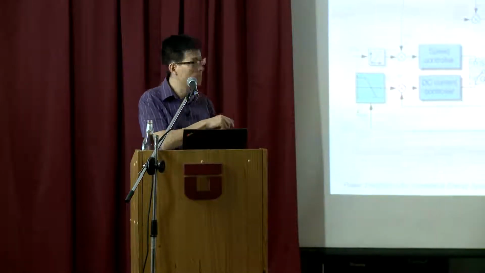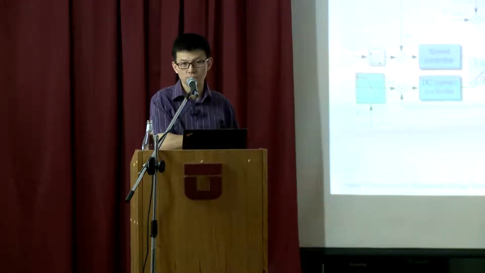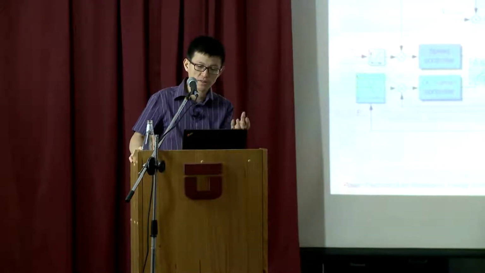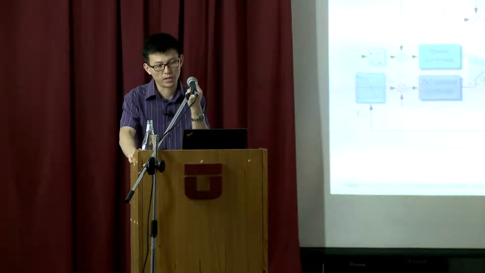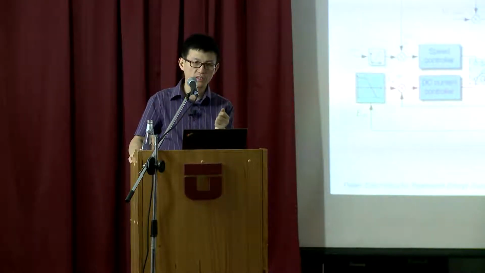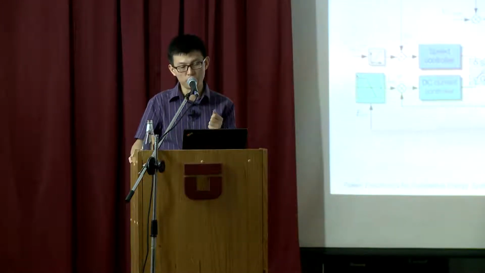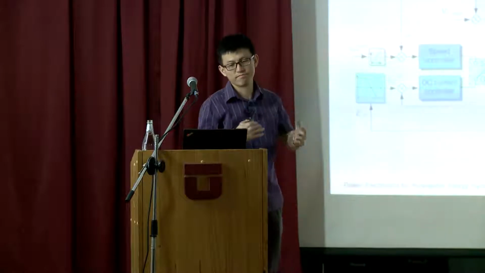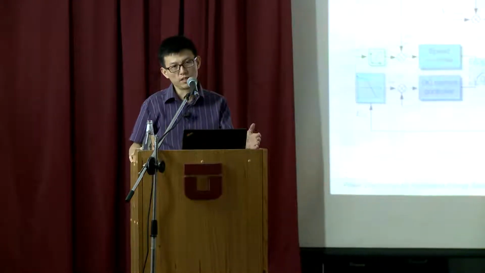For motor drives, of course, this current control loop is what I think most of you should be aware of. The concept of controlling the AC machine using vector control is that I want to control the AC machine like a DC machine. The way to do it is to decouple the current using a very interesting mathematical transformation, decoupling this AC current into ID current and IQ current.